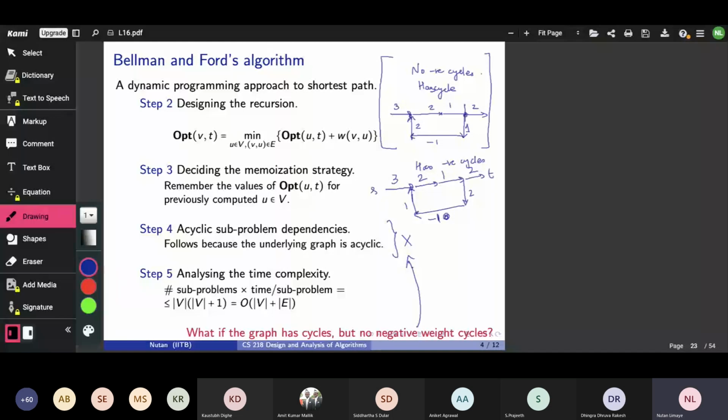Okay, so that's a very interesting problem. And in fact, we are going to see just now in the next 10 minutes or so that in fact that also can be solved with a very, very similar type of thought process. Okay, so that's what we will do next.